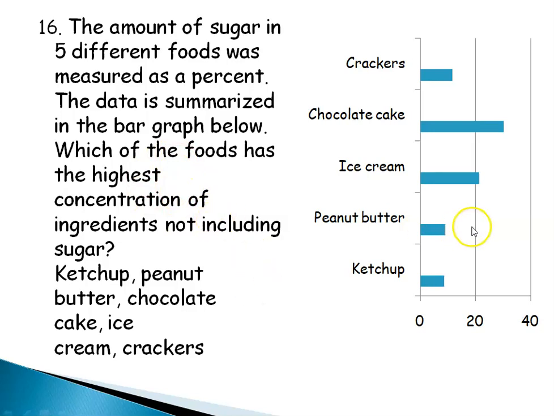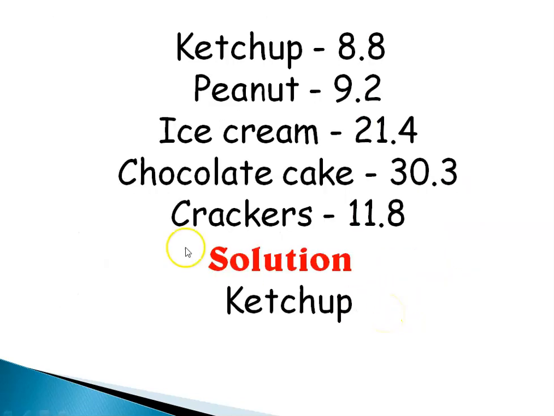That's just the meaning. So this is the graph. You have crackers, chocolate cake, ice cream, peanut butter, and ketchup. In the next slide, I'm going to show you what numbers each of these bars reads. Is that taken? So this is it.